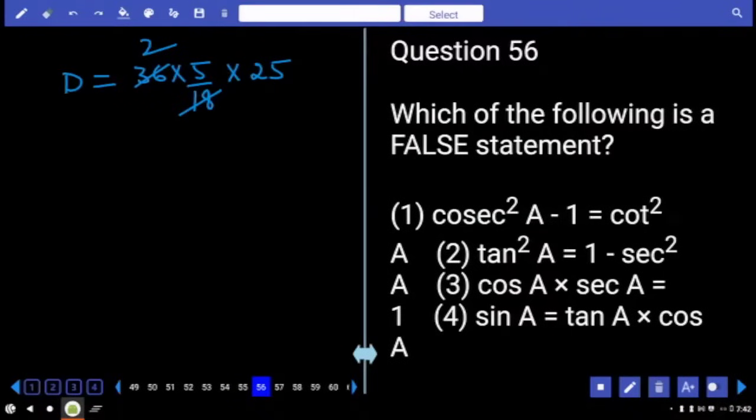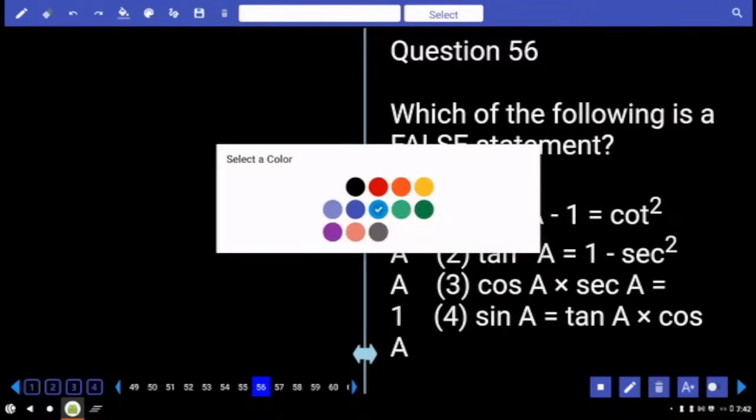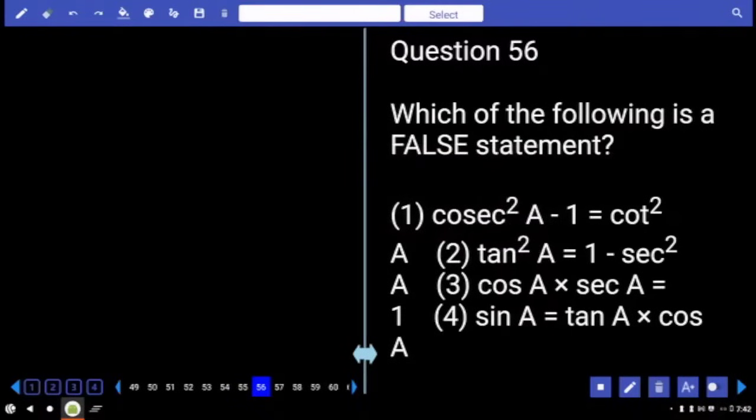Which of the following is a false statement? Cosecant square A minus 1 is equal to cot square A. Is it true? Yes, this is right. Second statement, tan square A is equal to 1 minus secant square A. Is it right?